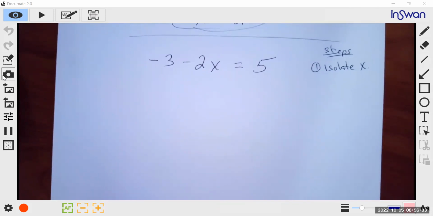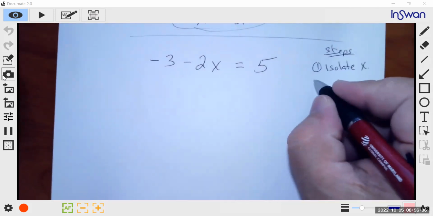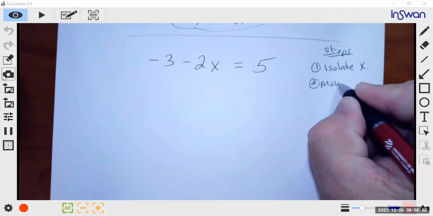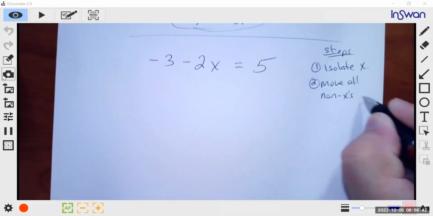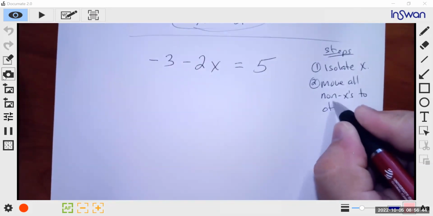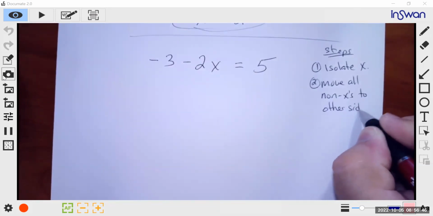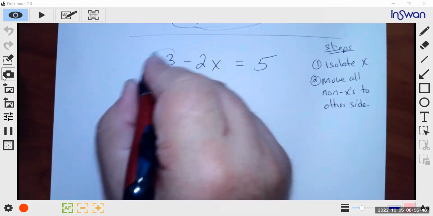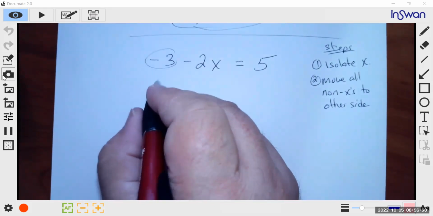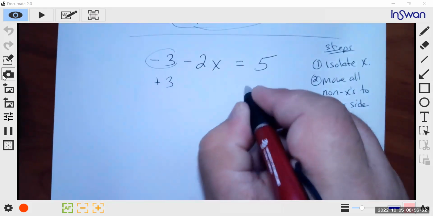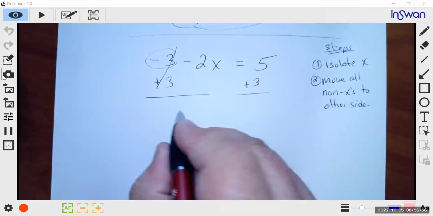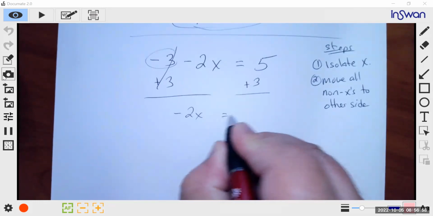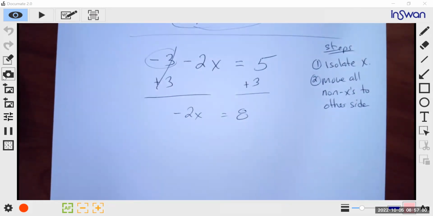Is x on one side? Check. Move all non-x's to the other side. So yes, we have to get rid of this negative 3 by adding 3 to both sides. Five plus 3 is 8.